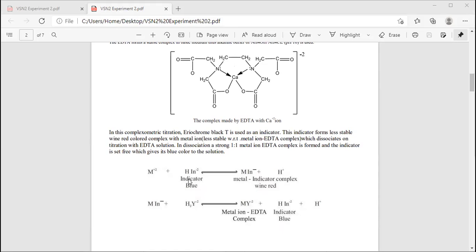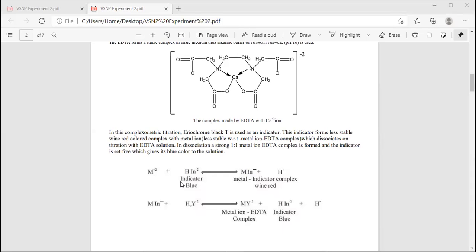But these are complexes with indicator, not with EDTA, and it is called the metal ion indicator complex, which is short-lived and wine-red. Short-lived means stable only for a short period, for a fraction of a second, and it is wine-red, like diluted blood.